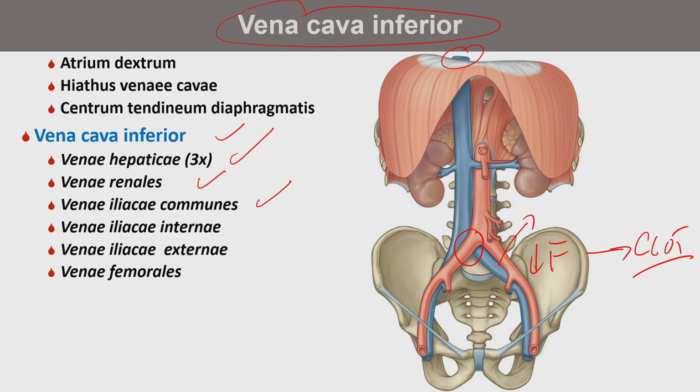It could be the reason why on the left side we more frequently see deep venous thrombosis. So it's very important. Also, very frequently you have more developed varices on the left side than on the right side, because here is also this mechanism of compression.